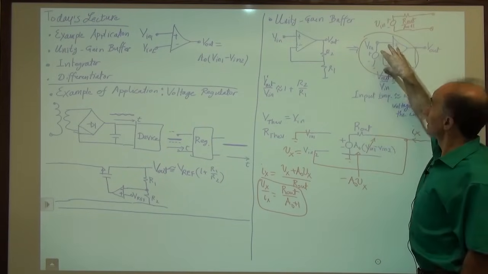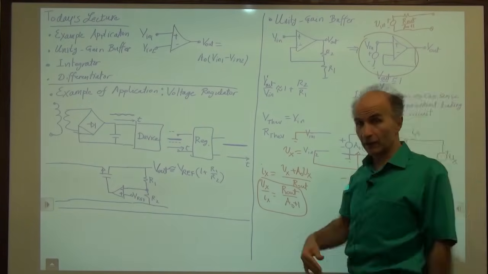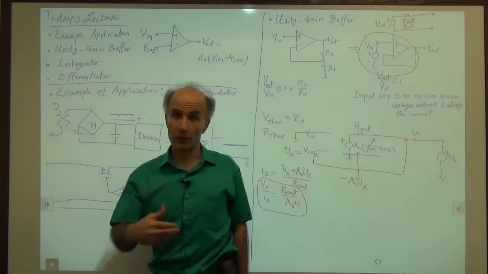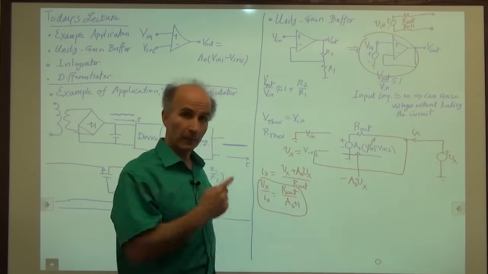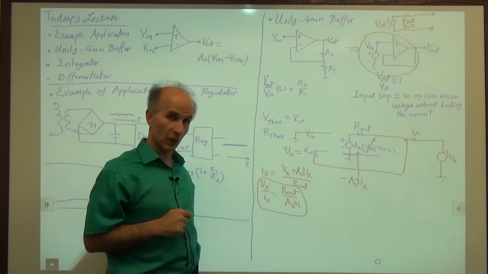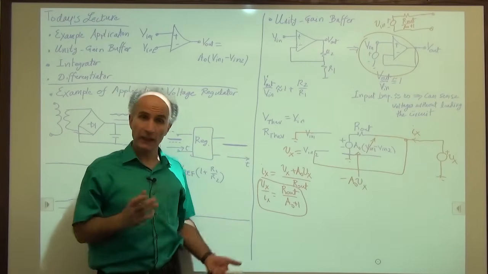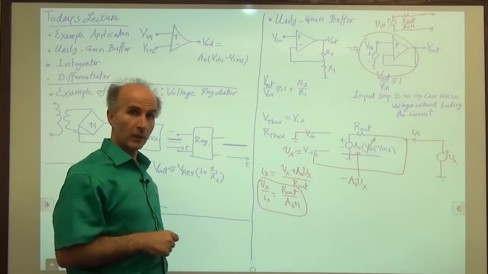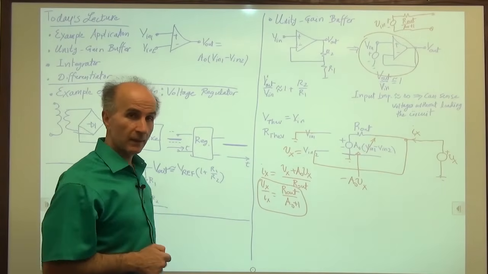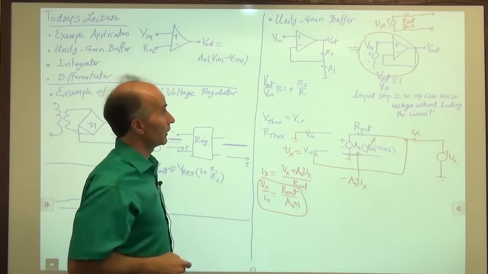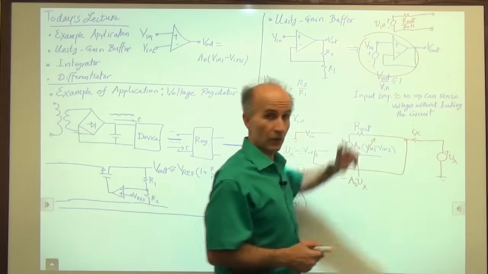So we say this buffer is a good driver. It can drive a heavy load, a low resistance, very well because its output impedance is low. All right, so that's the unity gain buffer, and it has some applications in cases where we need to drive a low resistance or we don't want to load the preceding stage.